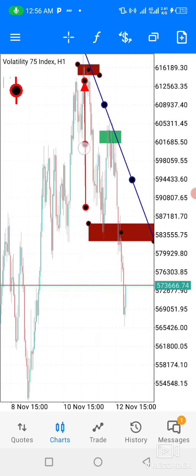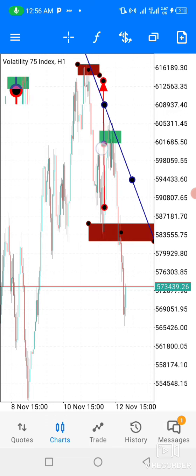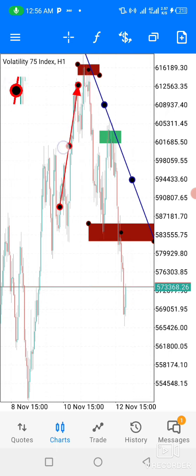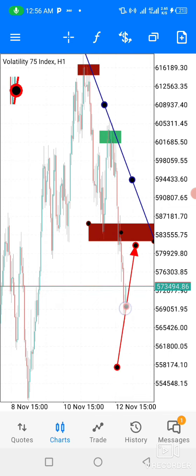I will just give a hint about the notion of force here. The point 1 here is force 1, point 2 is force 2, and the point that is about to be formed when the price action retests this zone is going to be force 3.